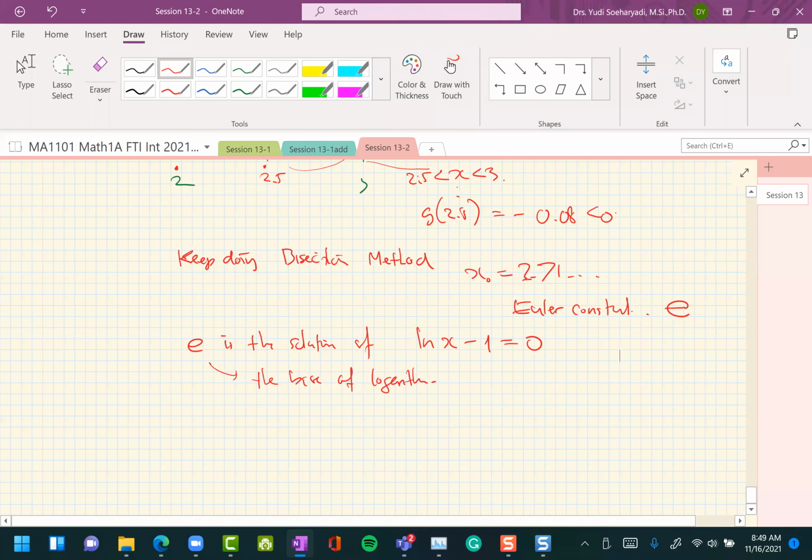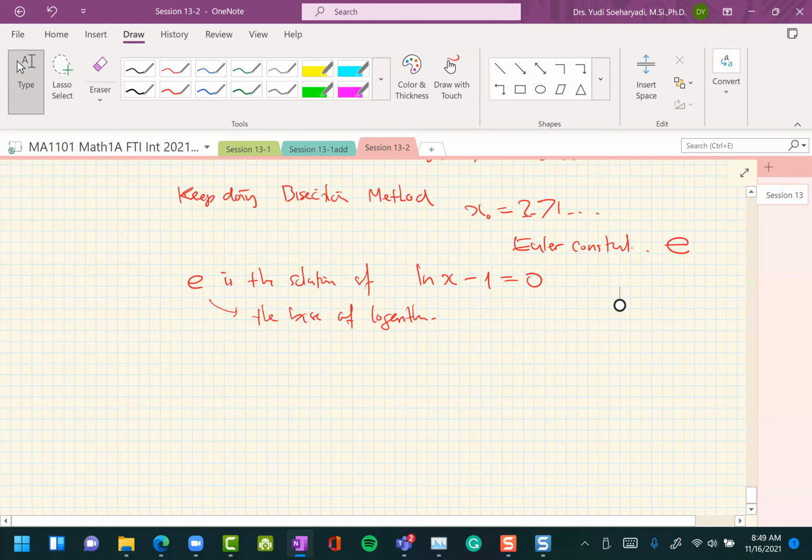Okay, so now we know that exp of x is nothing but e to the x.